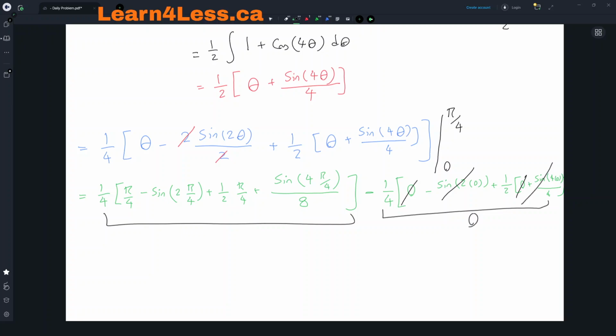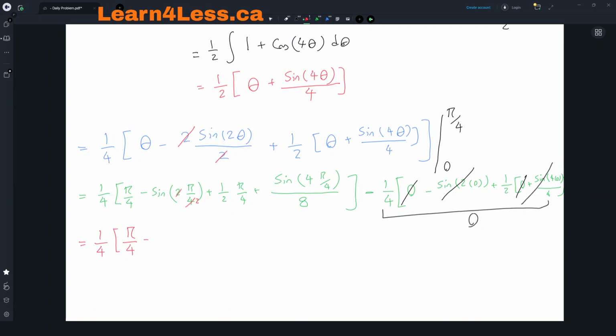Let's just analyze this part. It's a quarter multiplied by pi over 4, which is a number, minus sine of 2 times pi over 4. We can simplify the 2 and 4, so it's pi over 2 overall.